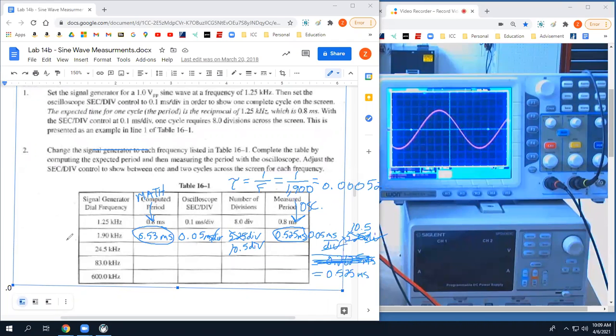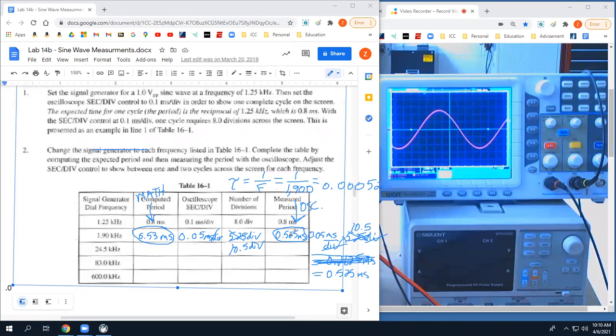You want me to do one more example with you where I don't make a mistake? Okay, let's do it. Everybody have these numbers written down in your table? Yeah.